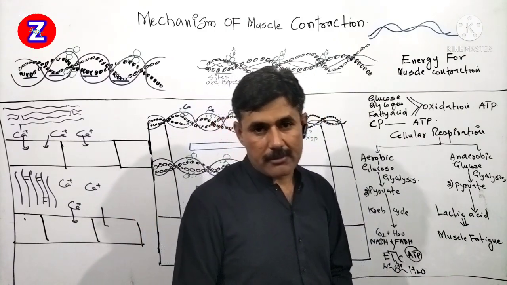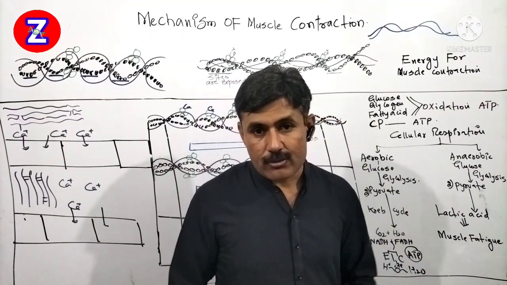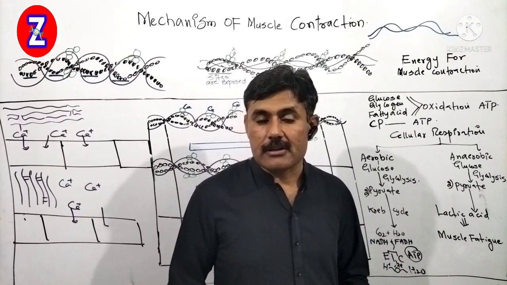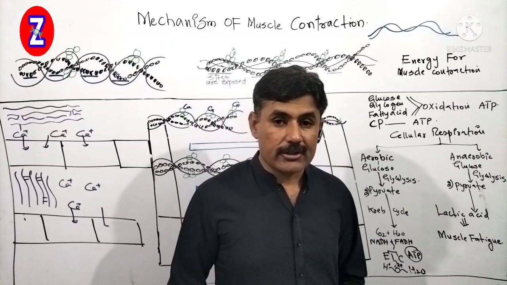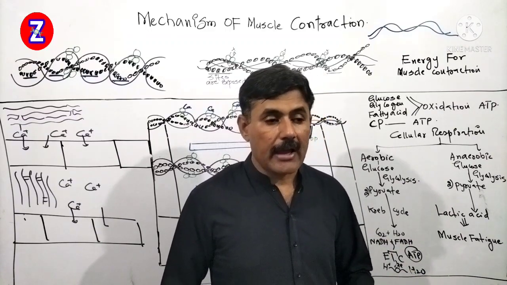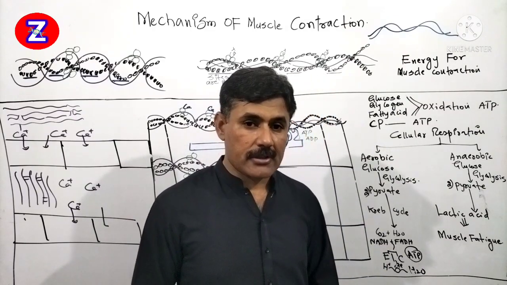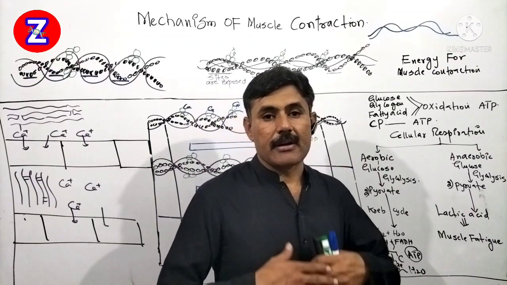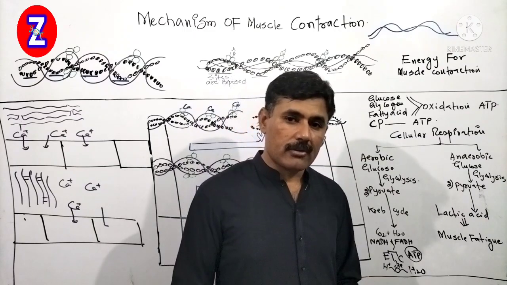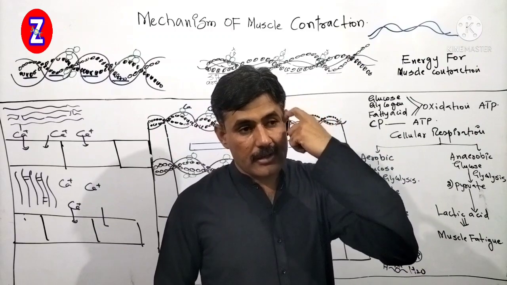So glycolysis would keep providing energy, and the pyruvates later, as there is no oxygen, would change into lactic acid, which would lead to accumulation of lactic acid, and that would finally cause muscle fatigue. And definitely we will have to stop that activity, exercise or function when our muscles finally stop performing, as they would be tired enough because of the accumulation of lactic acid, which is called muscle fatigue.